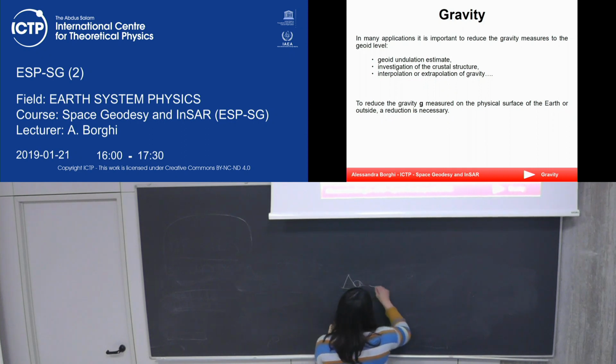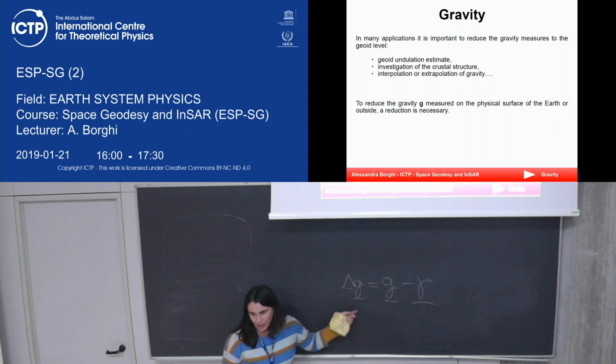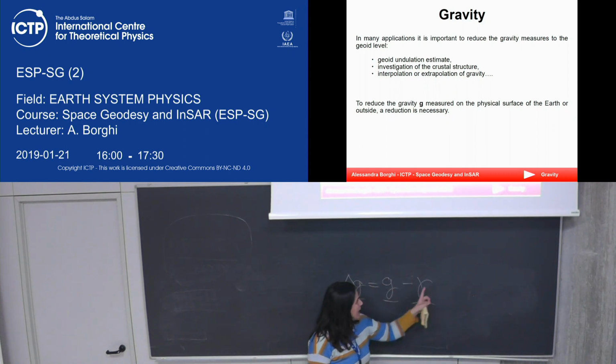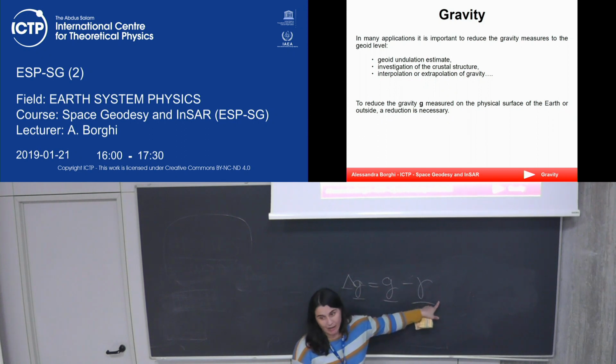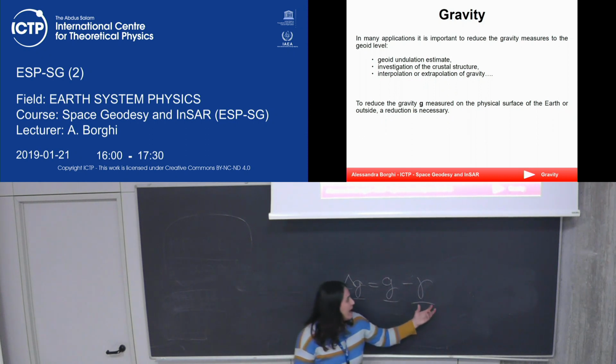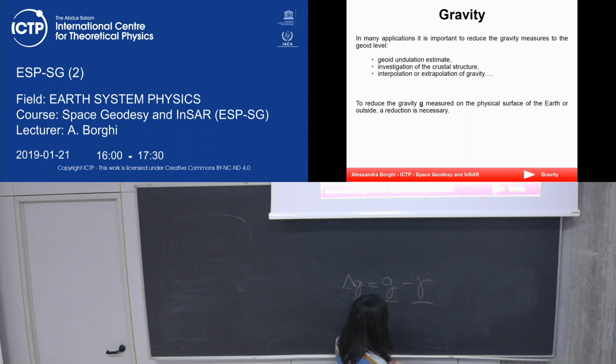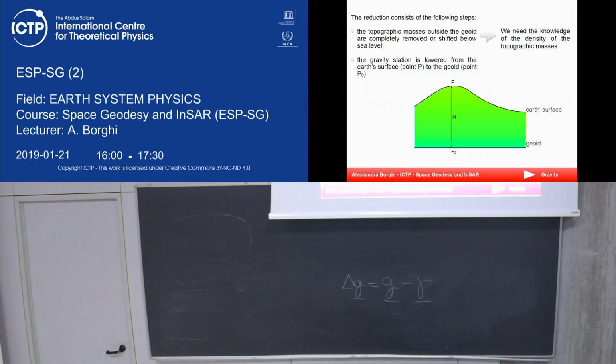This is the gravity anomaly. I reduce from the gravity the values of the normal gravity. The gravity predicted by, defined by knowing the dimension, the size of the ellipsoid. We see that in this ellipsoid are included all the masses of the Earth. So this is the first reduction that we have seen.